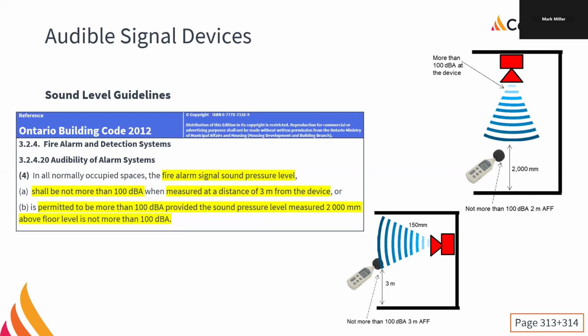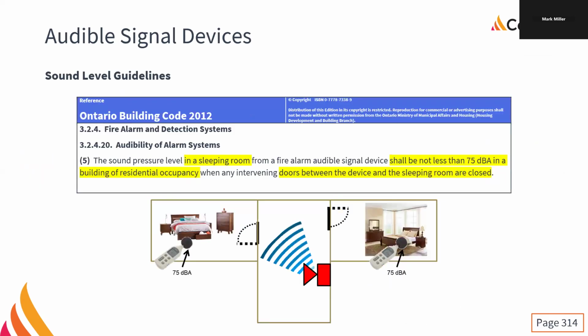We also have a minimum sound level. In sleeping rooms, it's a minimum of 75 decibels, and that's when the doors are closed. And we really look at that as at the pillow, not just on the other side of the door, but at the far end of the room. We have to hit 75 decibels in buildings of residential occupancy in the sleeping rooms. That's the minimum volume.